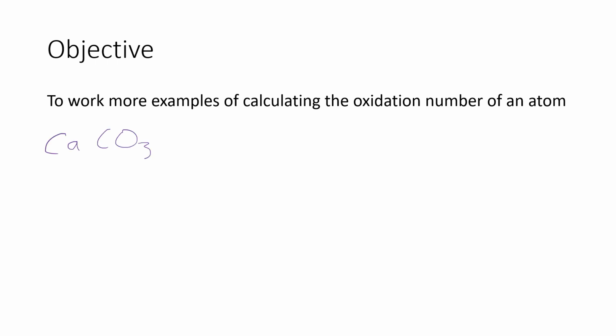This is an ionic compound, so calcium is going to be a plus 2, and there's just one of them. I don't know what carbon is, so I'm going to leave it as C, and there's no subscript, so there's just one of them. And then we've got 3 oxygens, and by rule, oxygen is minus 2. And then hopefully you can just go through and solve that a little more easily. If you're not comfortable with this, by all means, draw the boxes. Just do whatever works best for you.